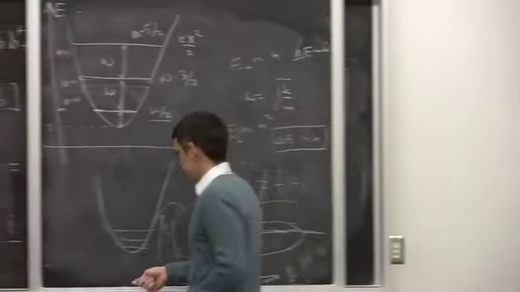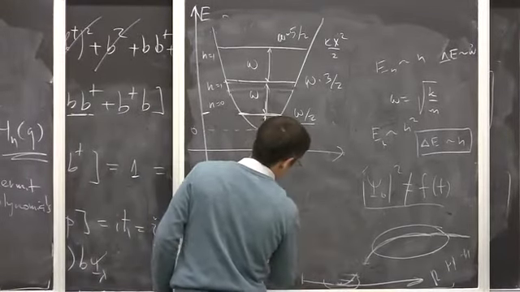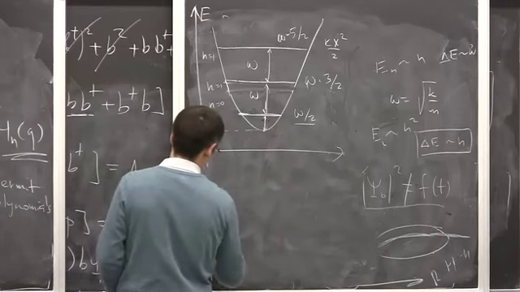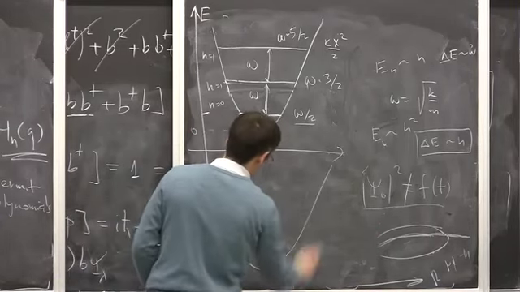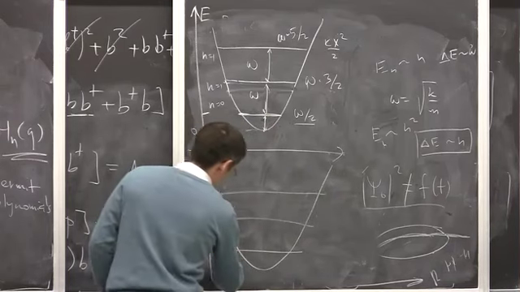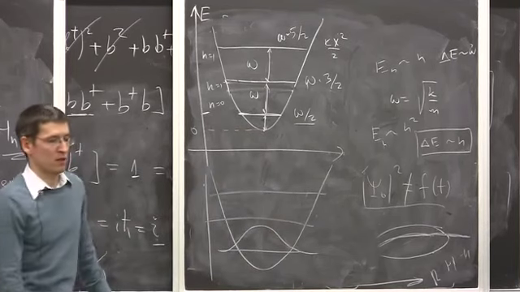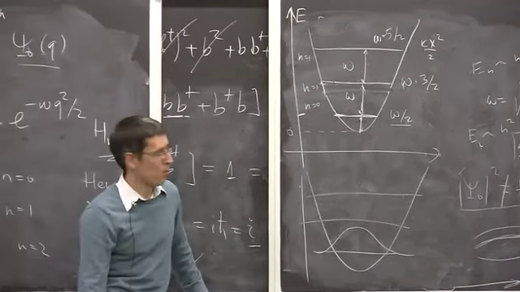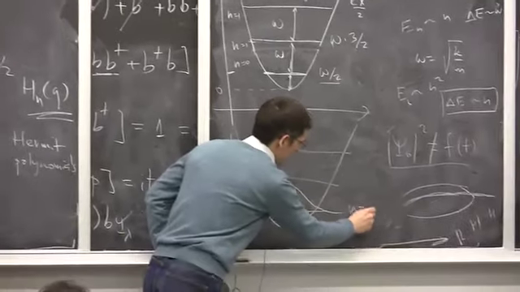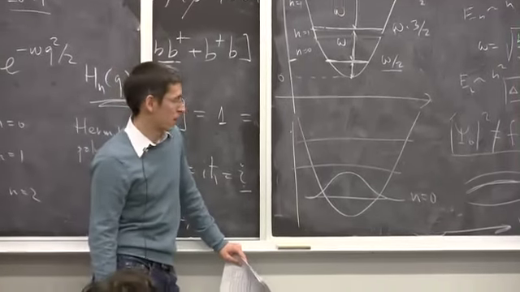Then the wave function. How do the wave functions look? So the same kind of plot. The first is a Gaussian. It looks like the first particle in the box function, only n is equal to 0 here, not equal to 1 like in the particle in the box.